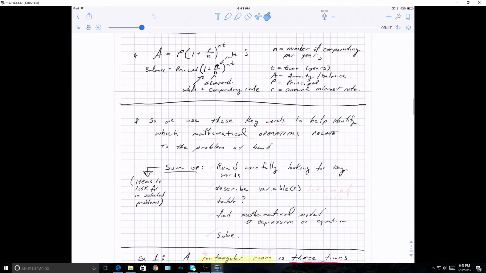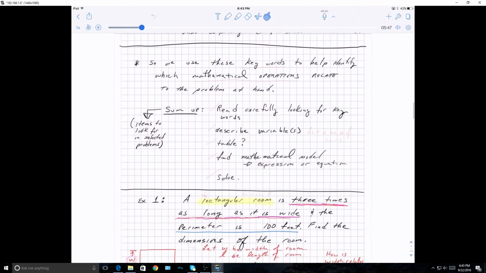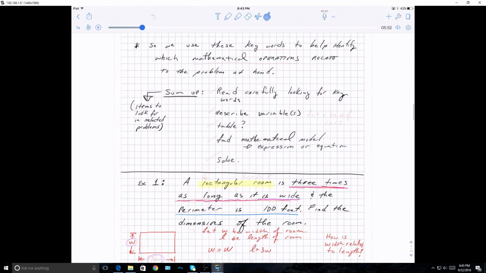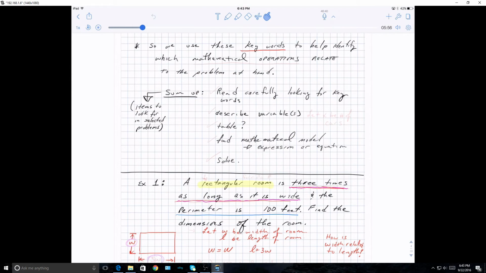Okay, so once we actually start to identify the problem and read it, we really have to look for those keywords, and they will really help us obtain the mathematical operations or statements that we'll need. So the idea here is to read carefully, looking for those keywords. You want to describe the variables.